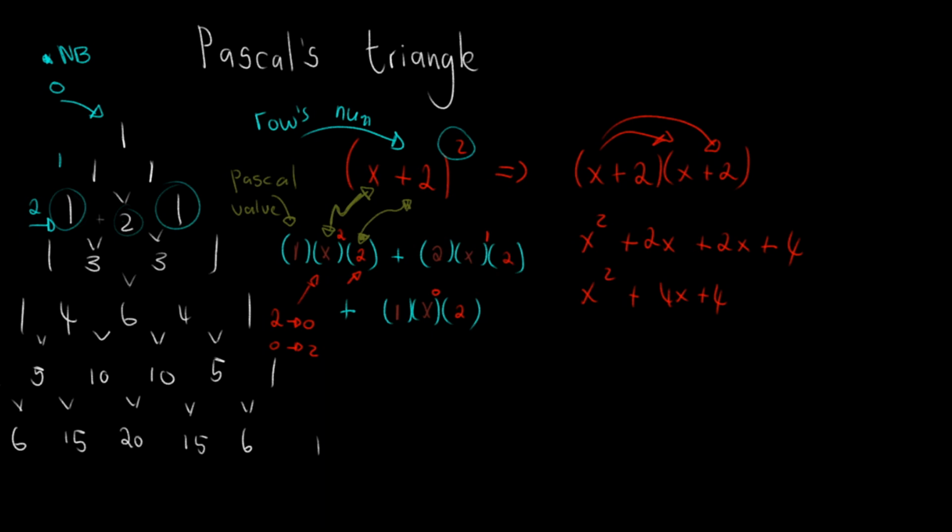And then I have 0, 1, 2. How I can identify this is by adding my two exponents together, which should give me my original exponent. So 1 plus 1 is equal to 2. That makes perfect sense. Now let's solve this one. I'm going to solve this one down here.